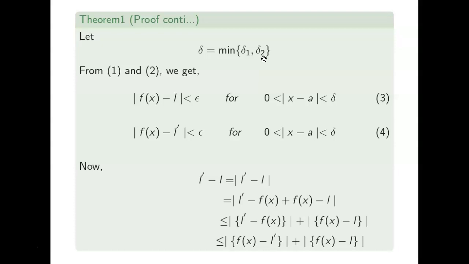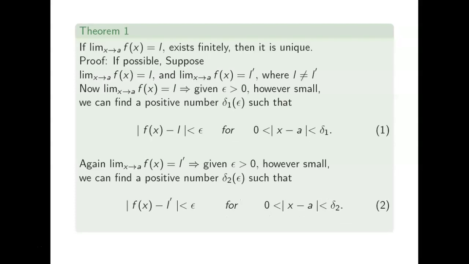Because if we define delta as the minimum of delta 1 and delta 2, these inequalities 1 and 2, if you see in the back slide, will both be satisfied for the delta value, right? Delta is chosen as the minimum of delta 1 and delta 2, so 1 will be satisfied for delta and 2 will also be satisfied for delta.